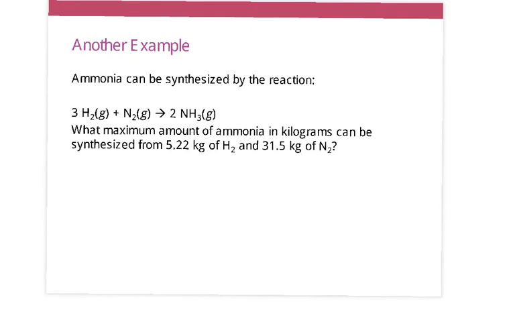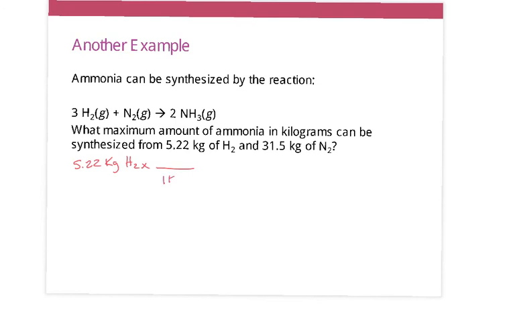What is the maximum amount of ammonia in kilograms that can be synthesized from 5.22 kilograms of H2 and 31.5 kilograms of N2? Great. So we want to start like we did last time. We have 5.22 kilograms of H2 this time. We want to use the molar mass of hydrogen gas, but we don't have the molar mass in kilograms per mole. We have it in grams per mole.